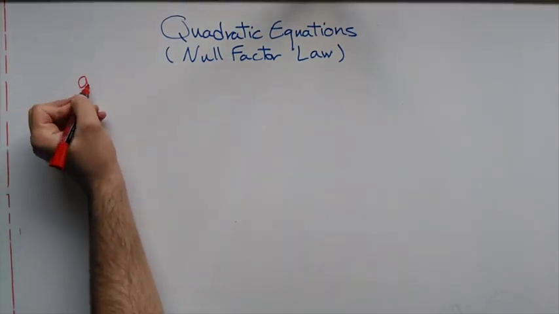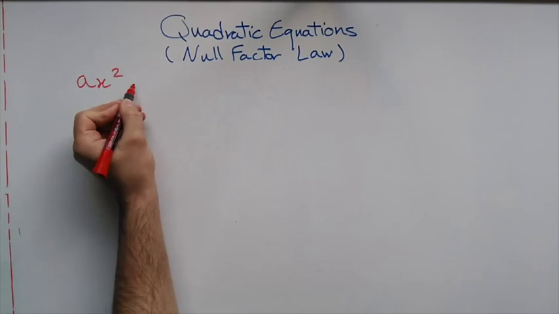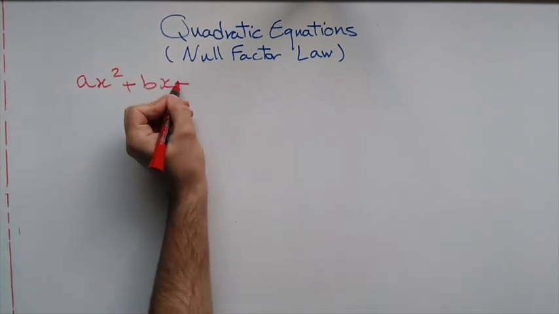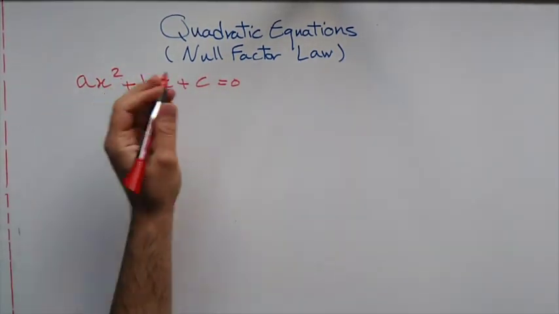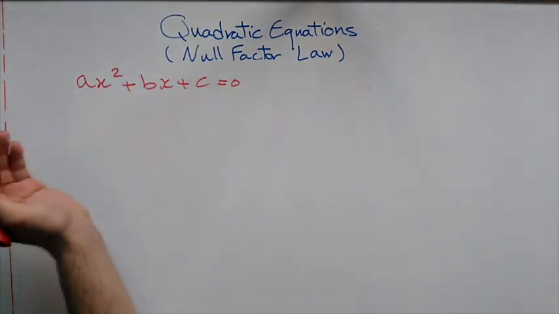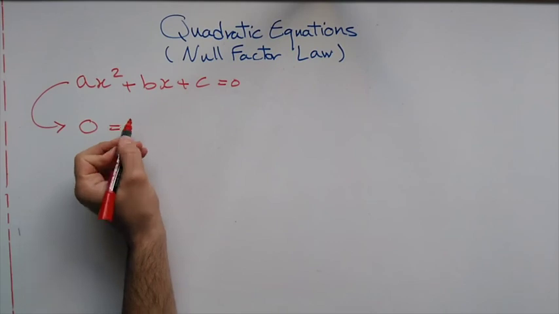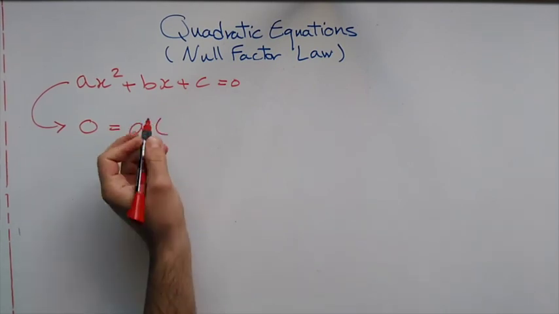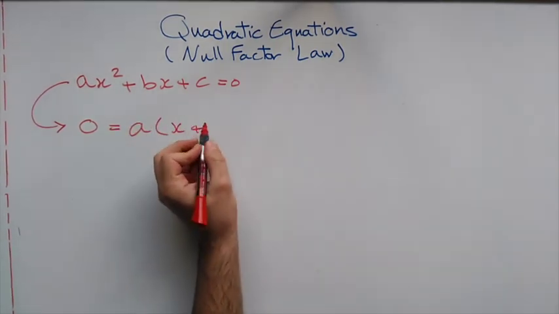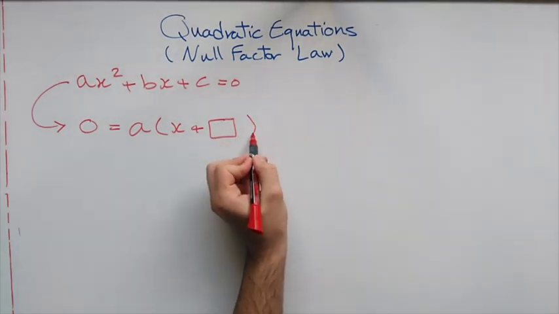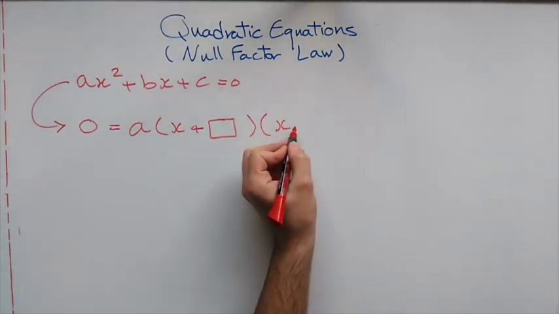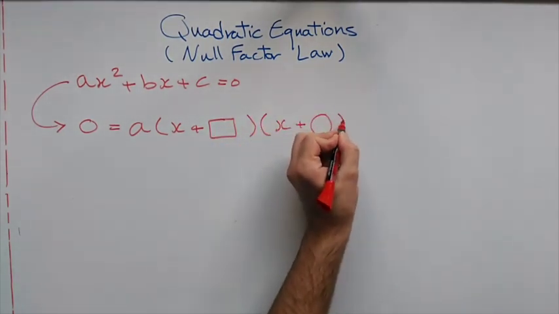So we said that our standard form is this. In the null factor law, we're going to change this form into this: 0 equals a brackets x plus an unknown value times x plus another unknown value.